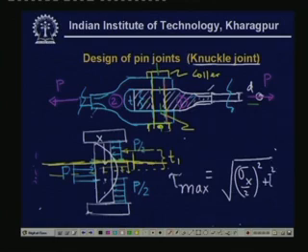This is for the maximum shear stress, and this must be less than tau allowable.